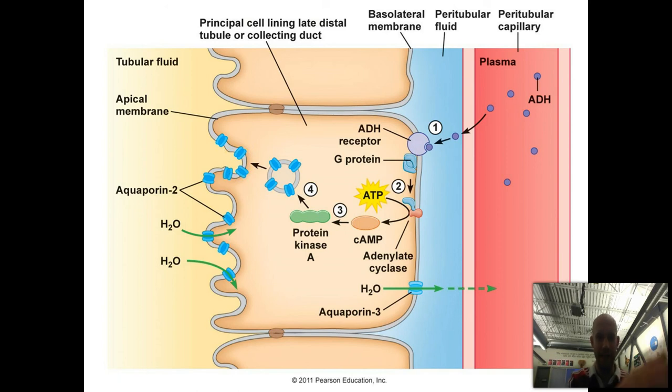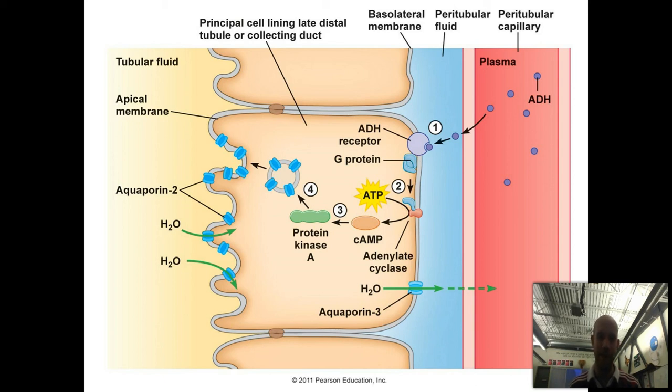Now, on the left-hand side, we've got the tubule, okay, that's collecting the urine as it passes out of the body. By putting more aquaporins in the outer membrane, we're increasing the amount of water that can flow into the cell. Remember, water can cross the phospholipid bilayer, but it's very slow. Aquaporins speed up this process.